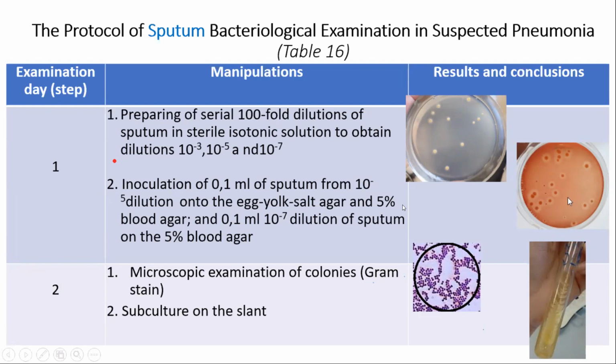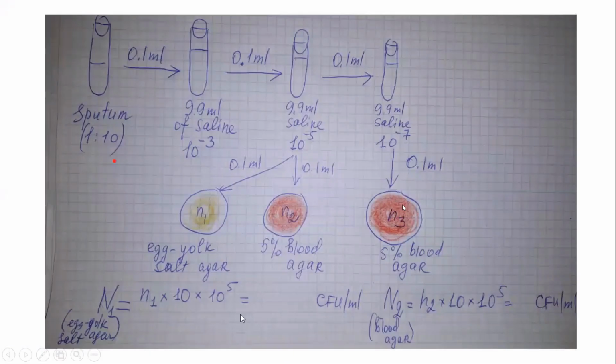And actually, it is within the statistical mistake. I mean, it is not a mistake actually, because in this plate we have 11, and here it's just 18, within 20, right? So your calculation for blood agar, according to this formula, is actually similar, and you will get 1.9 multiplied by 10 to the power 7, right?